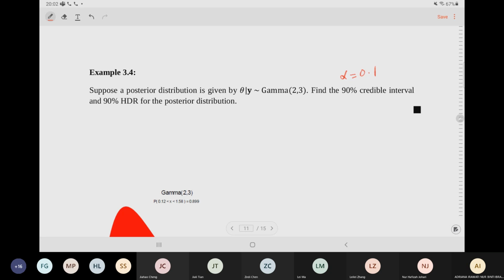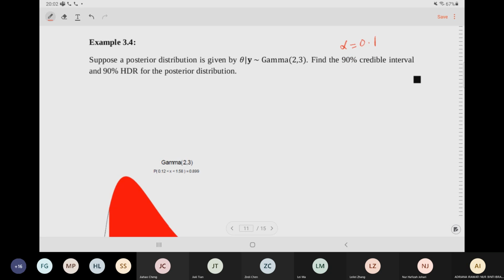Here is a simple example with a gamma distribution.